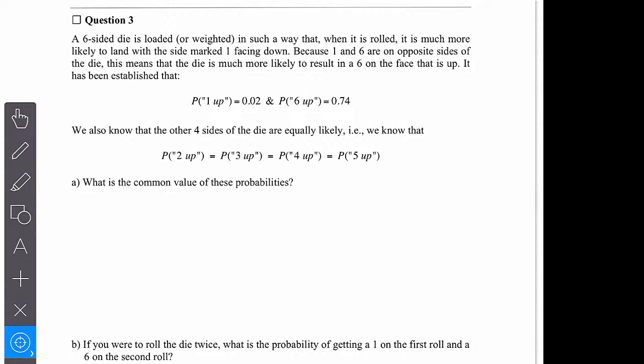All right, so we also know that the other 4 sides of the die are equally likely. So what is the common value for these?